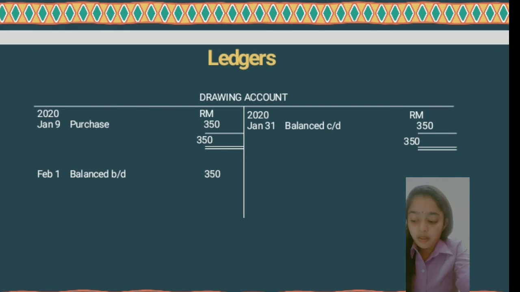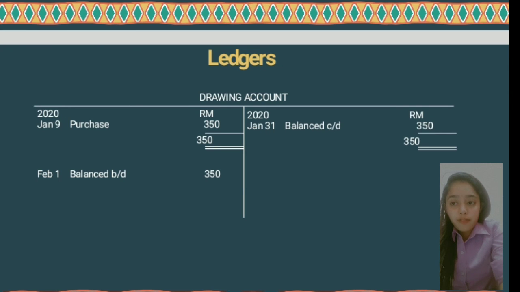Next is on 9 January, Miss Ifa took a set of coffee table amounting to RM 350 and gave to her friend as a wedding gift. So for this, we have to open purchase account. On credit side, write 2020 January 9 drawing for RM 350 and balance CD will be for 14,650.